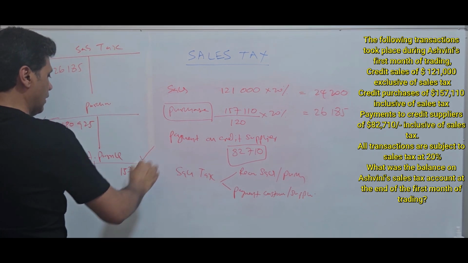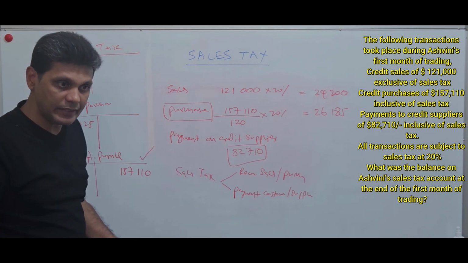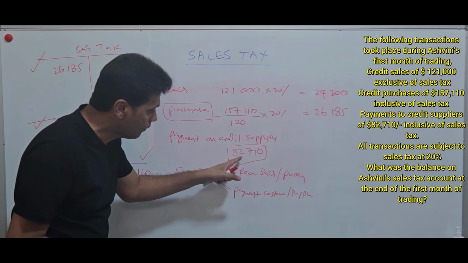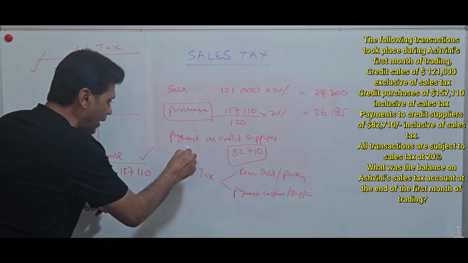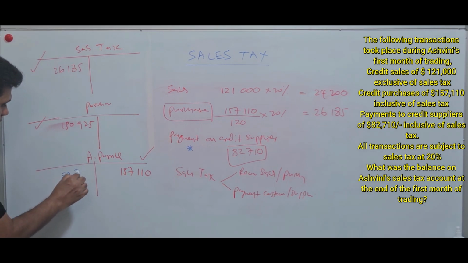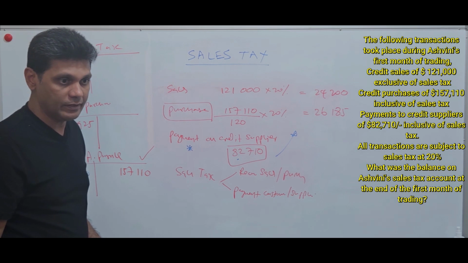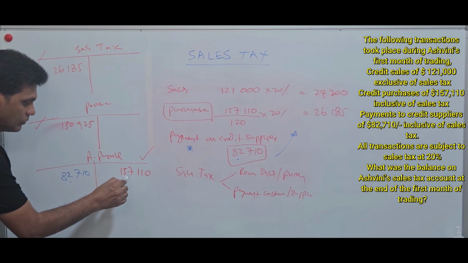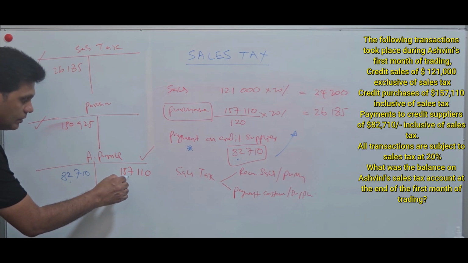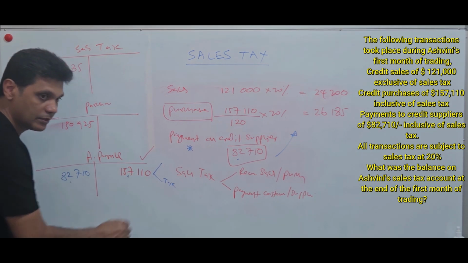Now the accounts payable. They paid the credit suppliers 82,710. This is including taxes, right? They are just paying this 82,710. If you calculate tax again, you will double count, right? You are duplicating because this is a payment. This is the total payable amount to the suppliers, including the tax portion.